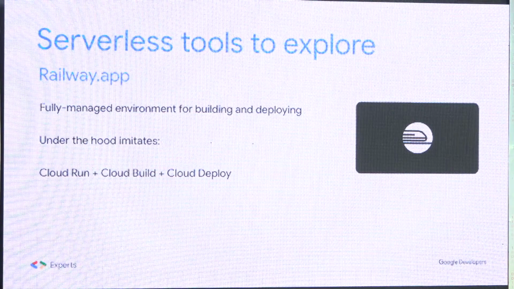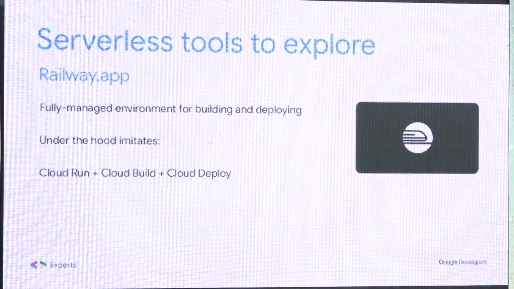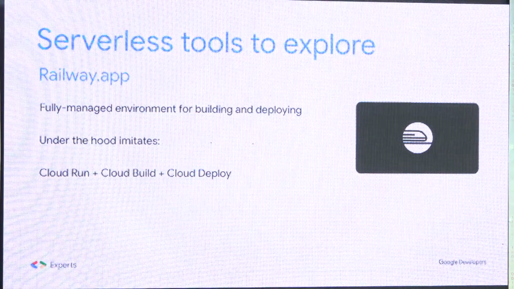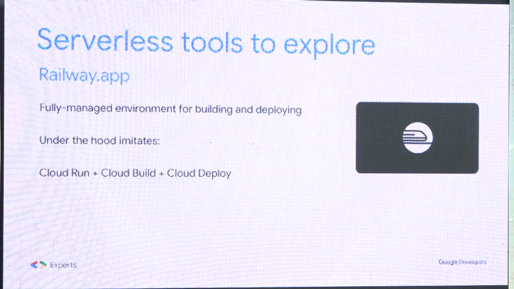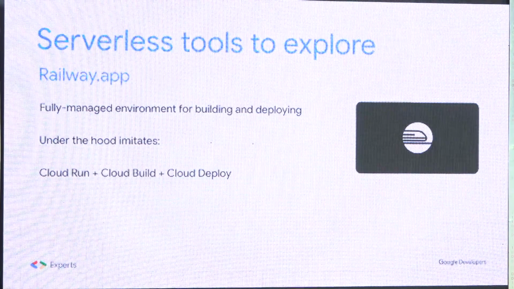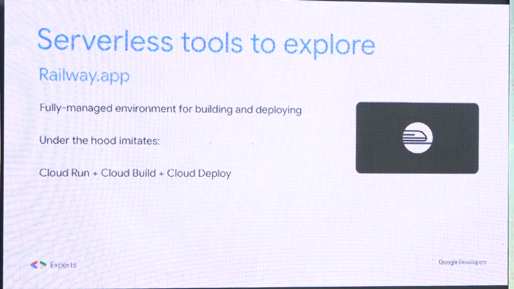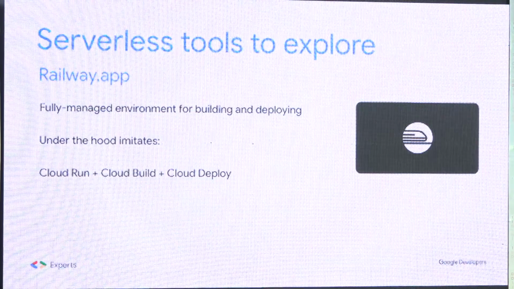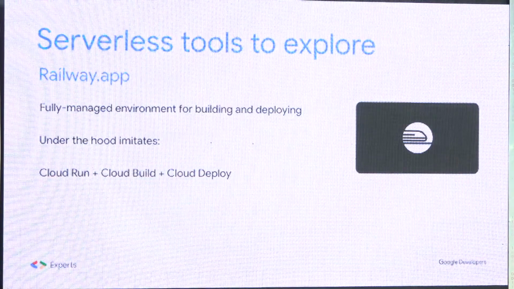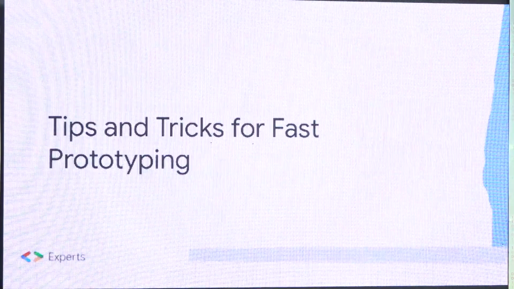It's actually a very generous limit, because I have been using Railway for a long time, and my bill has never gone above like $2 or $3 a month, right? By the way, $2 or $3 is basically less than your Starbucks coffee. So if you want serverless databases, Railway is something which will provide you the option to deploy any kind of serverless database. You can always take a look at that.